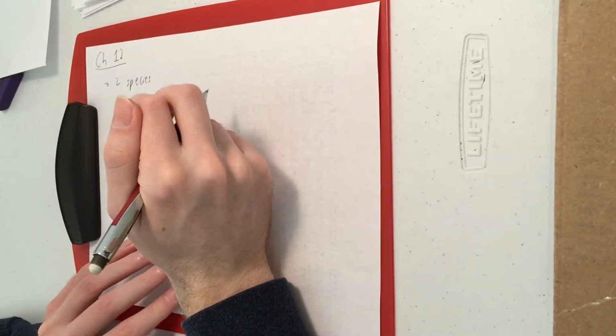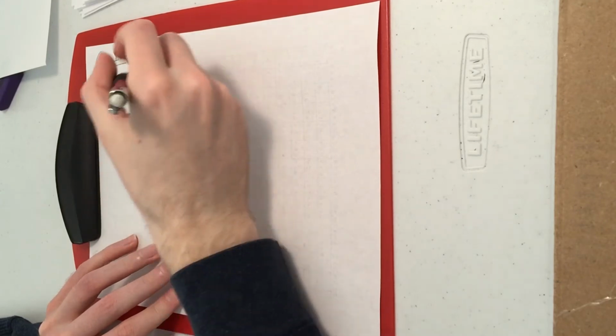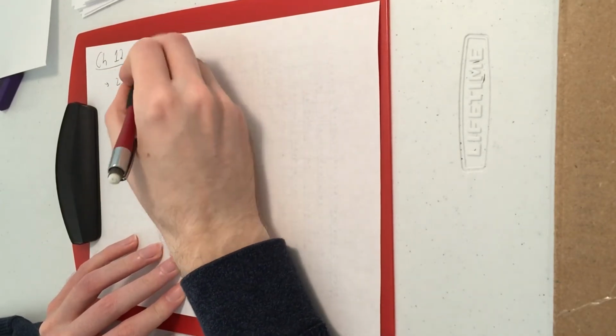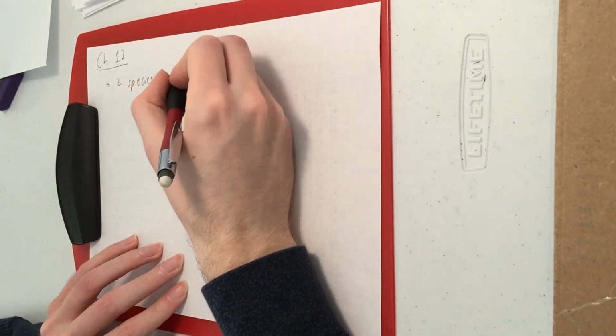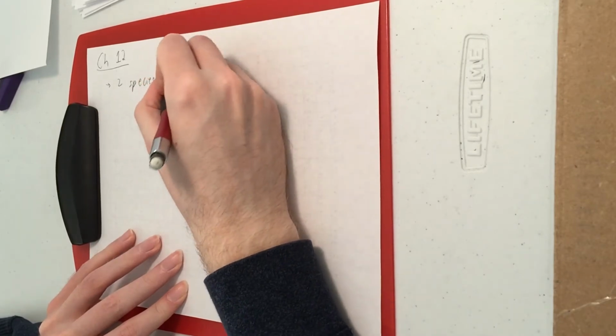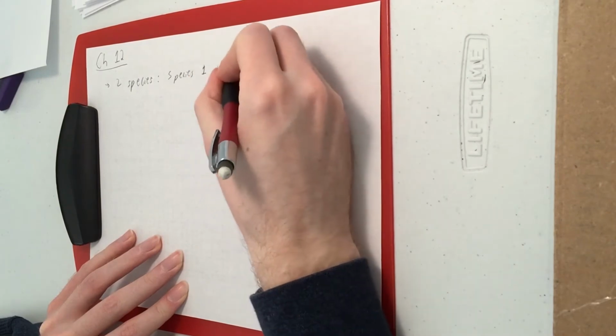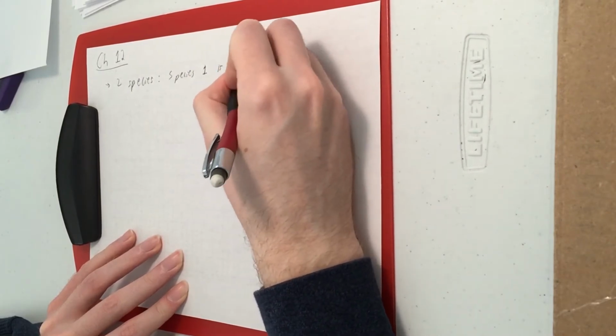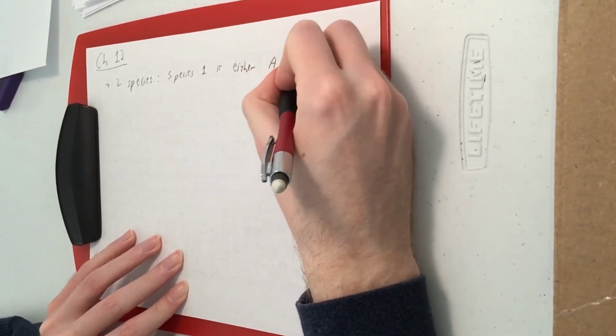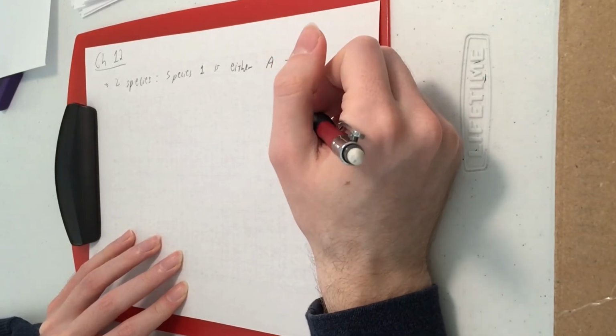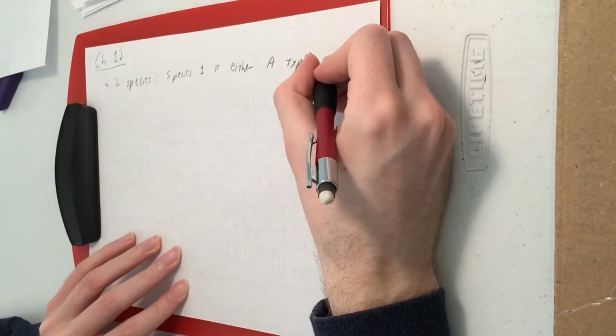So let's say species 1 can be either A types or B types, named rather unimaginatively. And species 2, you're either an X type or a Y type.